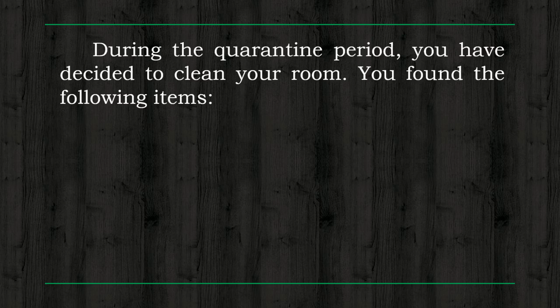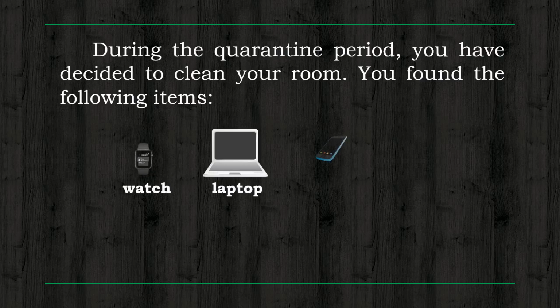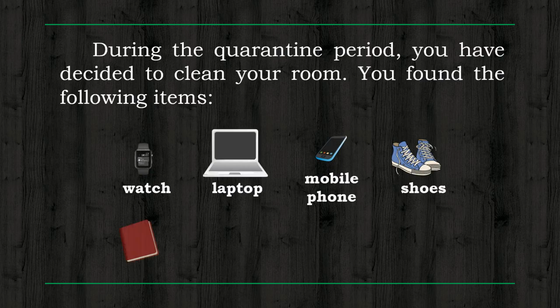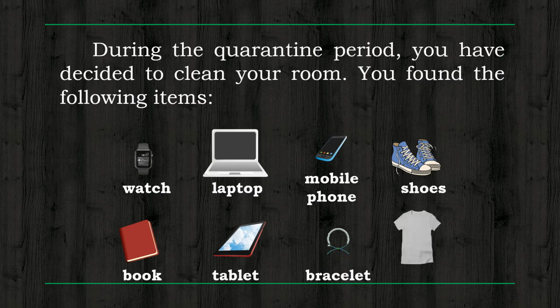Let me give you a situation. During the quarantine period, you have decided to clean your room. You found the following items: a watch, a laptop, a mobile phone, a pair of shoes, a book, a tablet, a bracelet, and a shirt.